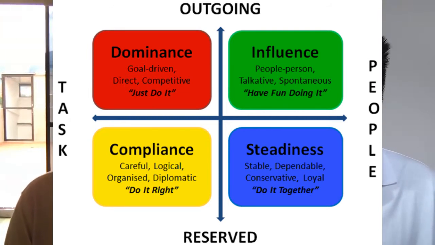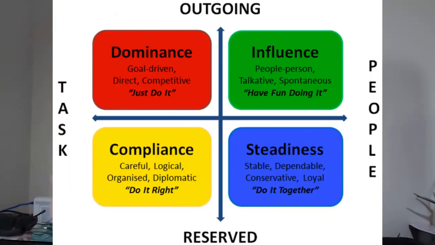If you are an accountant, and you know that you're a C type, technical, analytical type person, and you're talking with somebody that is an I type individual that's more outgoing and fun, well, a lot of I type individuals don't understand all the minute details that you might tell them.